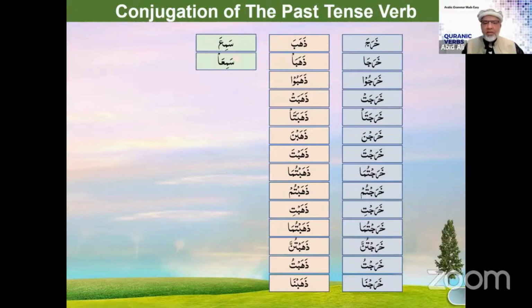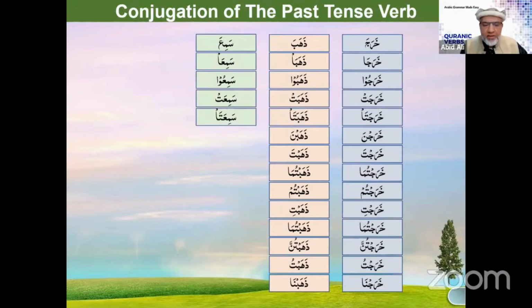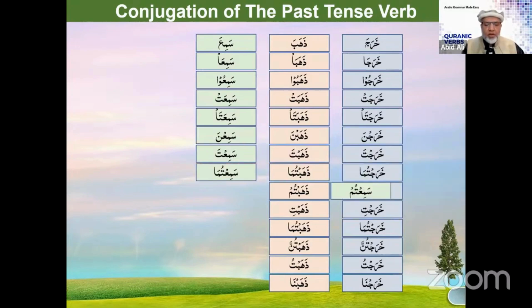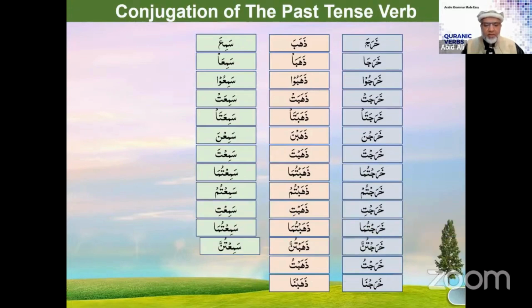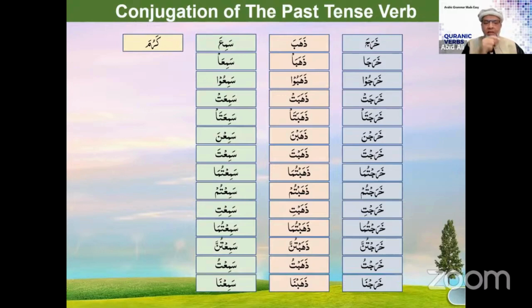Now let's look at this. Sami'a, Sami'a, Sami'u, Sami'at, Sami'ta. Did I say it? Sami'ta, yes. Sami'na, Sami'ta, Sami'tuma, Sami'tum, Sami'ti, Sami'tuma, Sami'tunna, Sami'tu, Sami'na. The next one was Karuma.